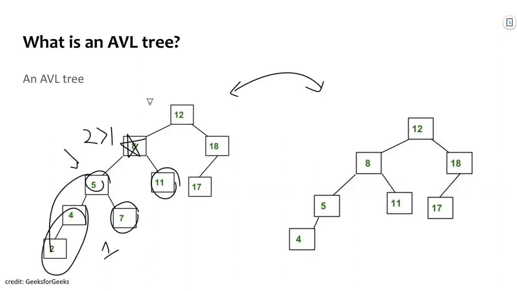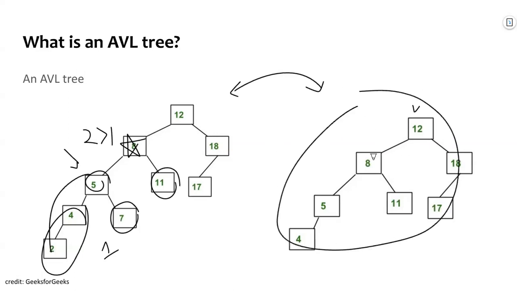Therefore, this is not an AVL tree because the height difference between the left part and the right part is larger than 1. In this other case, for every node, the height difference between the left part and the right part is not larger than 1. Therefore, we can call this an AVL tree.